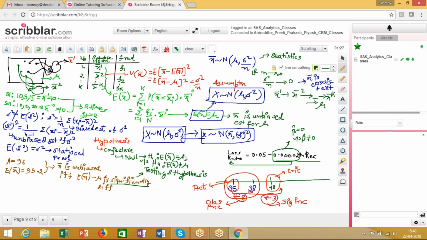So the first hypothesis that I have over here is a null hypothesis. It tells me that there is no significant difference between the expected value of x bar and mu. Whatever differences we have, this is just an observed difference.